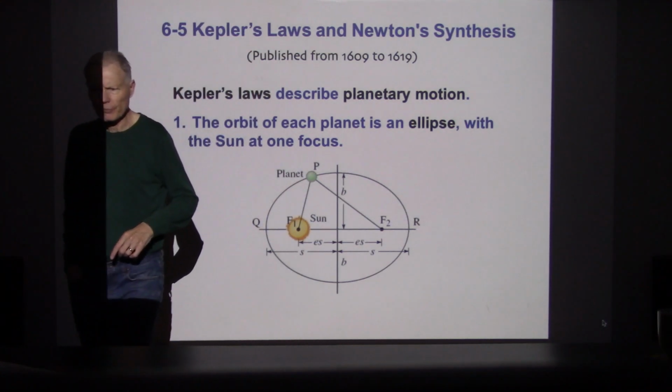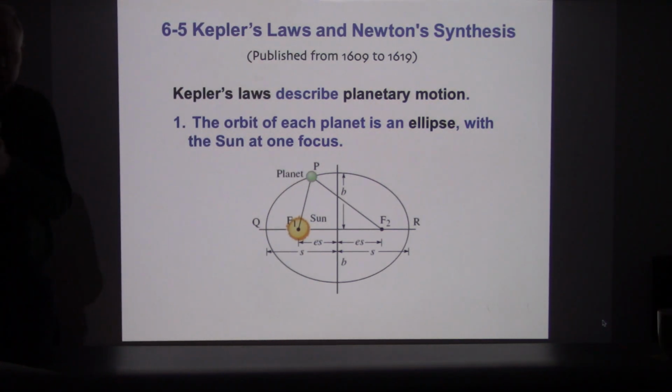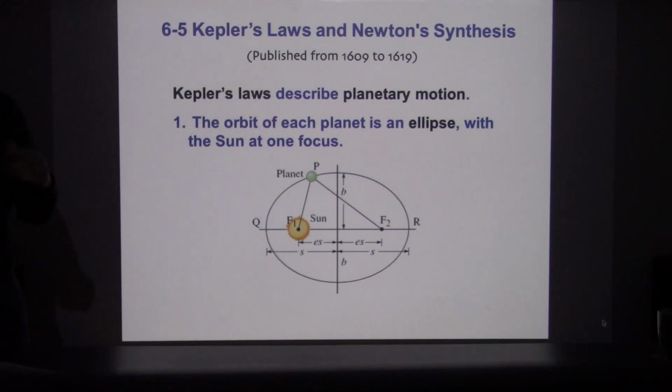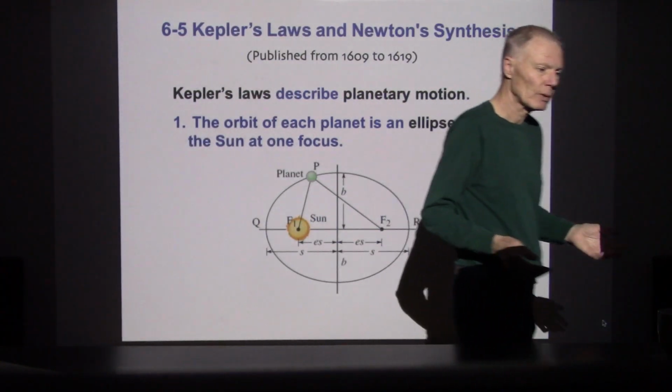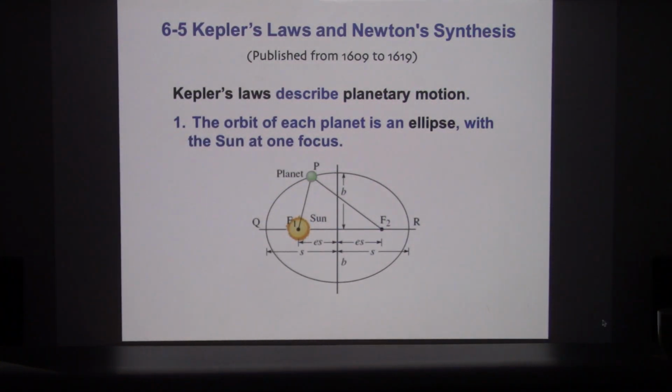So what Kepler found from spending a lot of time very carefully going over all of this planetary data, not that he had collected, but that had been collected by Tycho Brahe, a Danish astronomer, who had painstakingly collected very detailed information on planetary motion. In particular, Mars had been followed very closely.